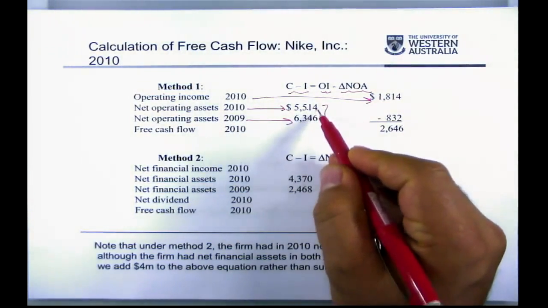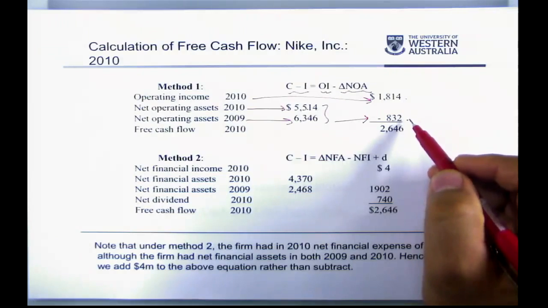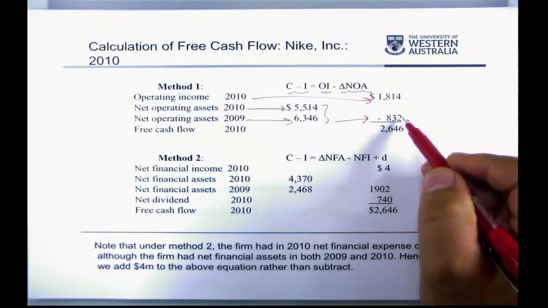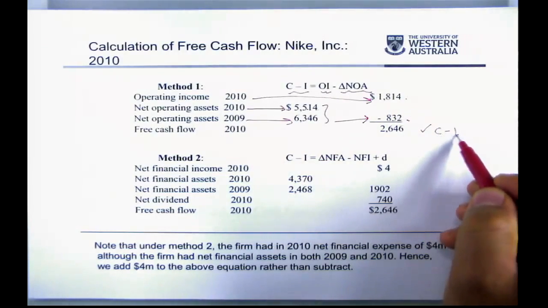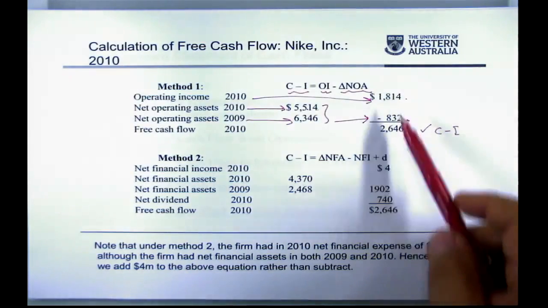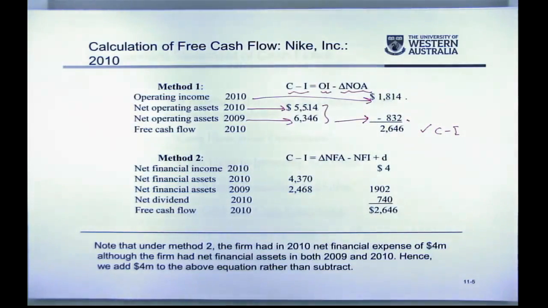Taking the change, this minus this gives us this. Now this minus a negative number means that we need to add the absolute value of this one to this one. So this is the free cash flow, C minus I, and that is equal to operating income minus the change in net operating assets. Okay?